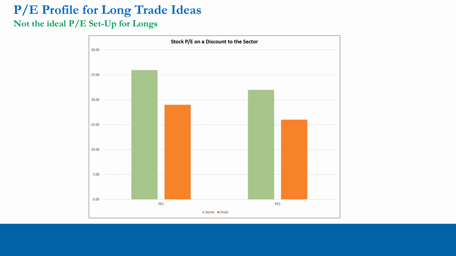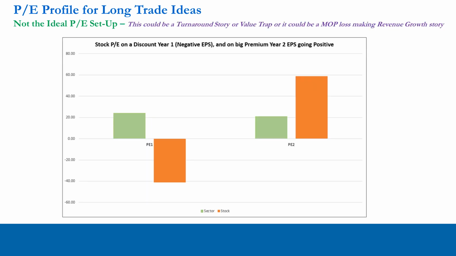Now, where it gets interesting from a trader's perspective, when we're looking at the quant through a long trade idea lens, is when we see price earnings multiple setups relative to the sector where we have a big turnaround, or evidence of a turnaround exhibited in the price earnings multiple.